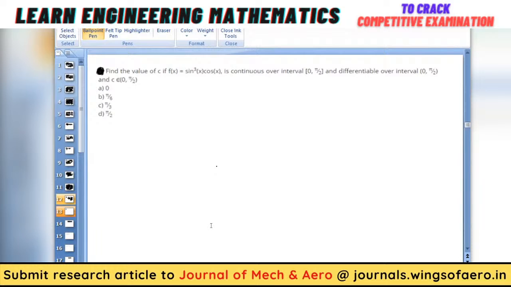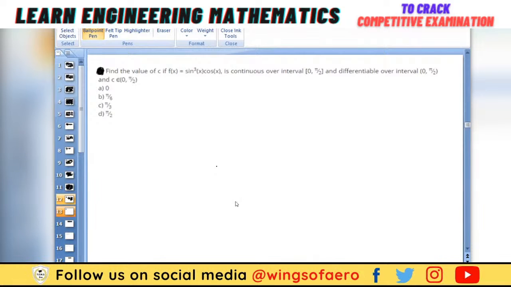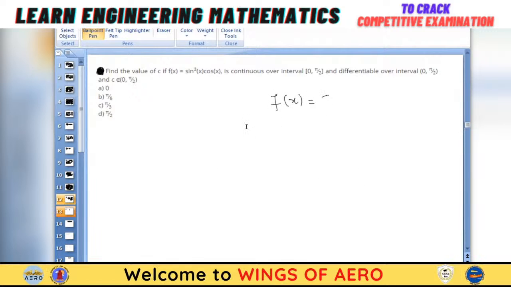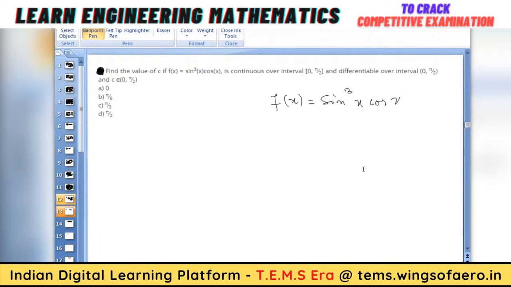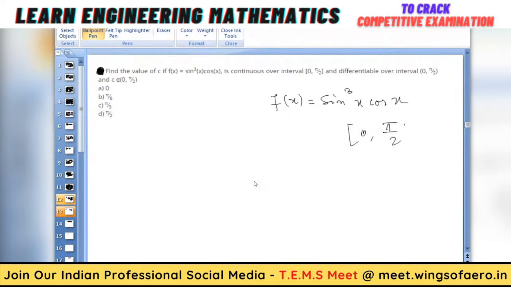Next, this one. Find the value of c. Here the function is given as f(x) = sin cube x cos x, and the interval is given as 0 comma pi by 2.